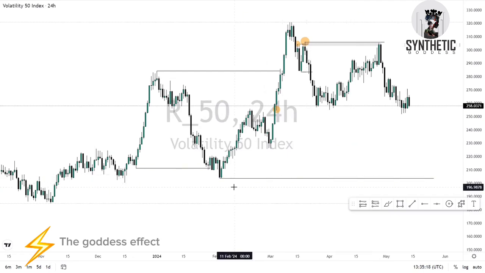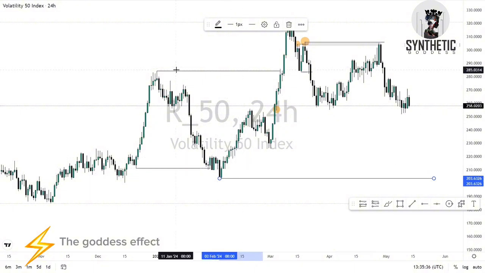So the second way for you to use your major is picking out points of interest. Since market has not taken our low, which is the major, I can actually mark out my points of interest around there. You can see that the last area of BOS was to the upside.